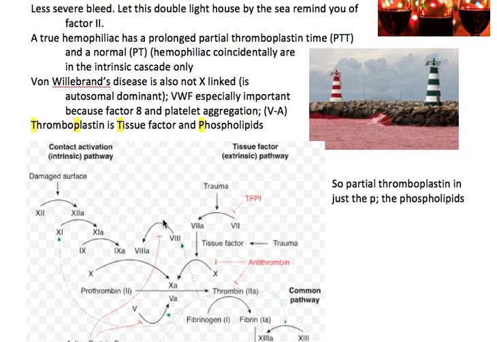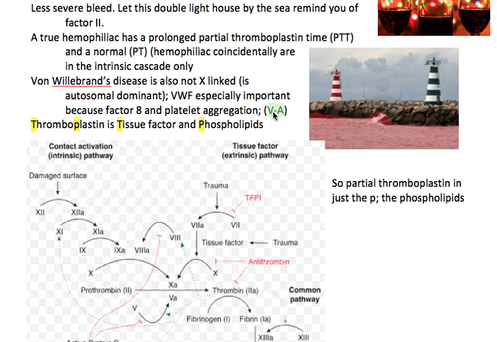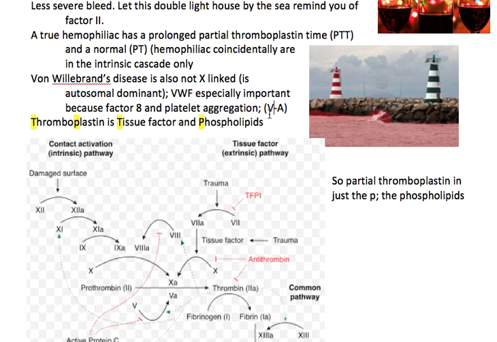Actually, one more mnemonic I forgot to put in is how to remember von Willebrand's disease. It's associated with 8, and you can remember this because of the V in von. Don't confuse this and say, oh, it reminds me of 5.